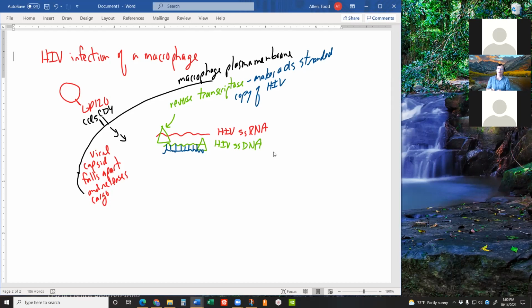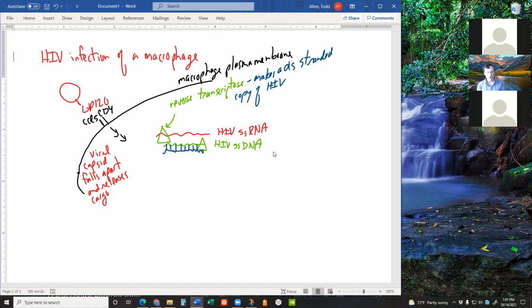What I'm saying is there are machines inside the cell that will bind to foreign nucleic acid in the cytoplasm, and interpret information in it, and say, oh, I guess you want me to deliver this to the nucleus. Obviously, your host cell doesn't want that, but the virus does want that.